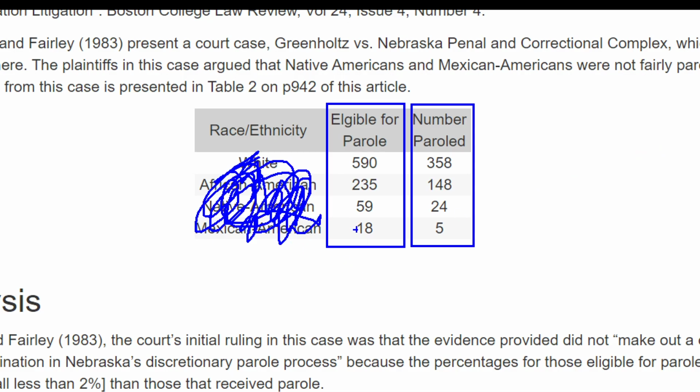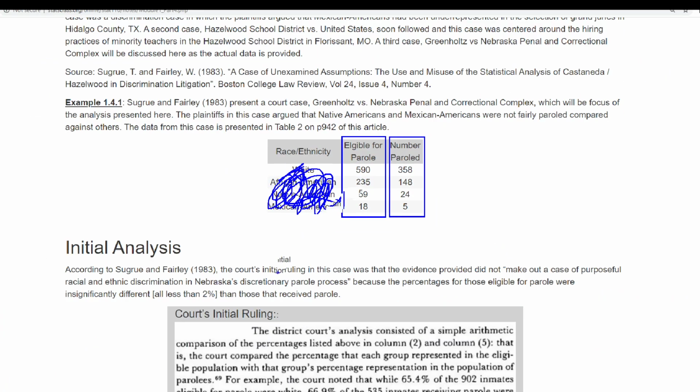There were 902 people eligible for parole, and 535 of them received parole. So I can look at that ratio.